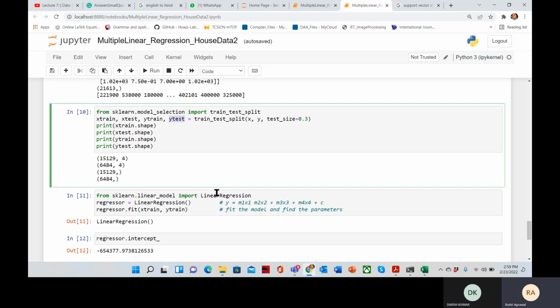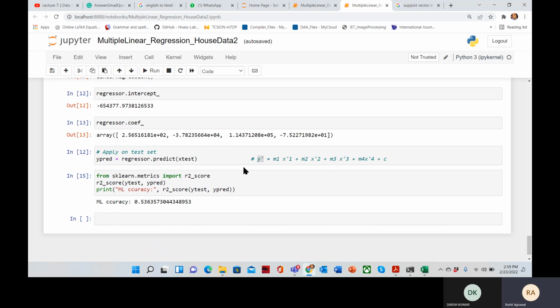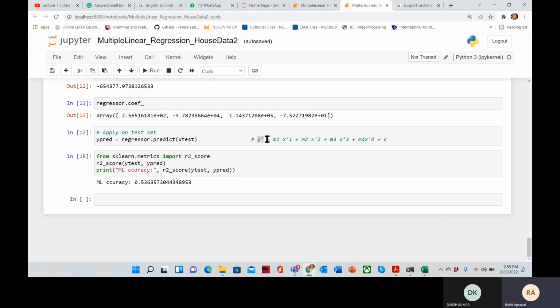Yes, sir. Because we used only the training data, now we want to see whether the parameters that we have calculated are good for our unknown data or not. So we find the predicted value for testing data.